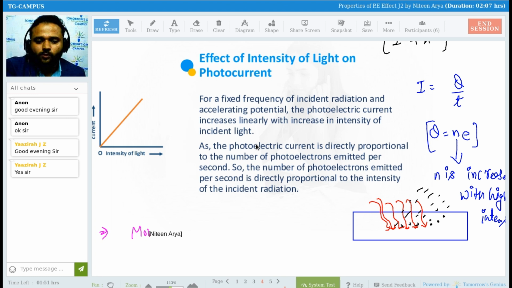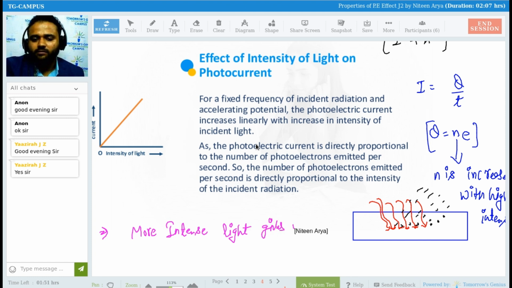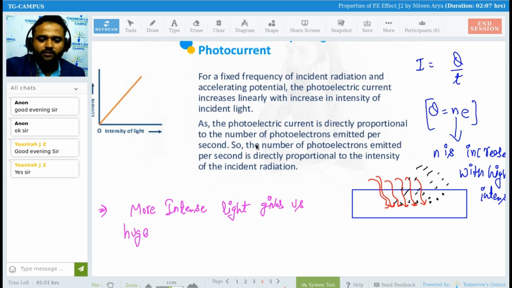Means more intense, you can write in this way also: more intense light gives us a huge amount of photoelectrons basically.